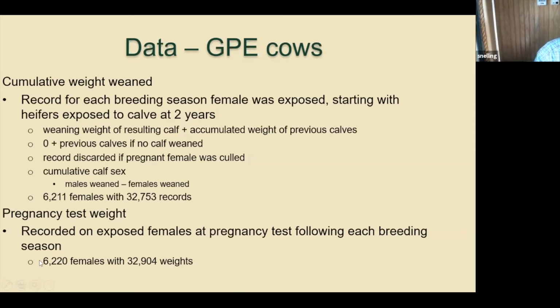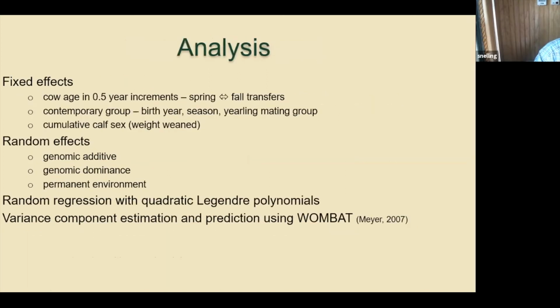And the pregnancy test weight was just recorded at the preg check following each breeding season. We did the analysis with a random regression model with WOMBAT. The effects in the model included cow age in half-year increments that allowed for open cows slipping from spring to fall or fall to spring.